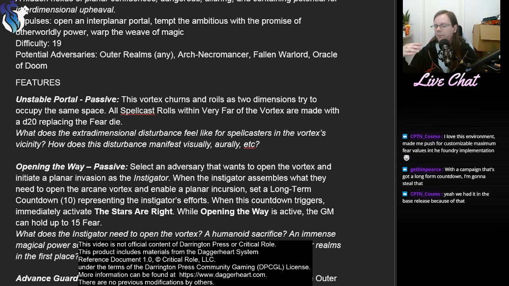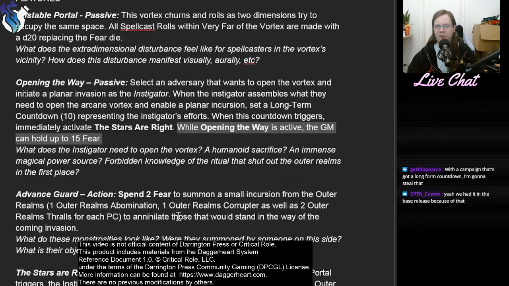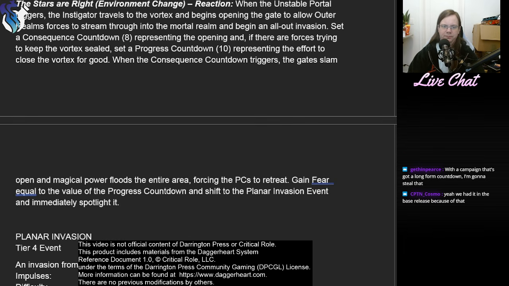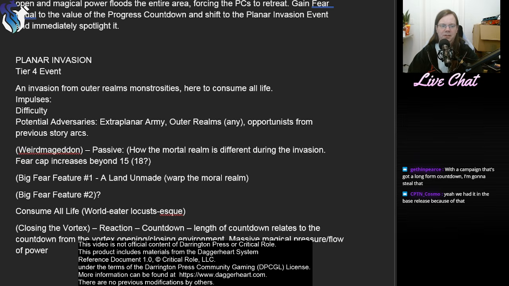So there could be environments or other situations that might increase the fear cap above 15 in certain situations. We're not going to do that necessarily here for this environment, but I wonder if there should be an equivalent feature. If we can see down here in the planar invasion that I did keep track of it, right? Fear cap.